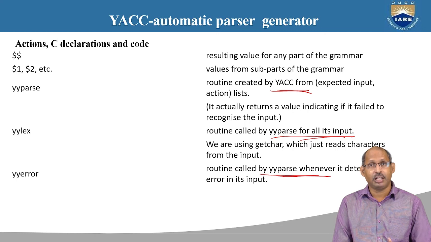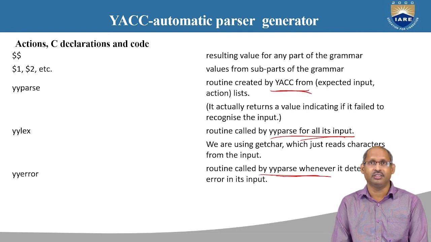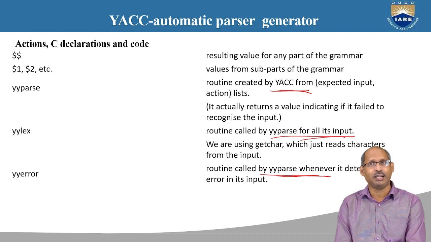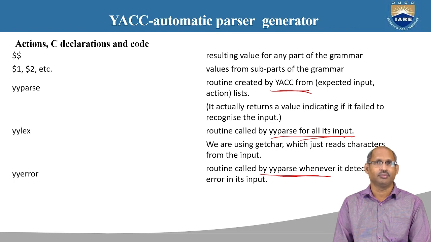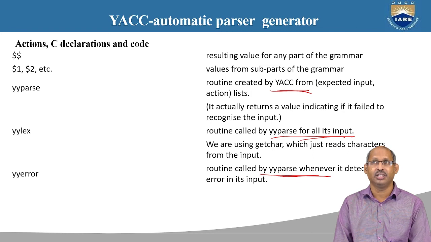The input file has three sections: declarations, rule section, supporting functions section. These are the divisions of the input file for yacc, the automatic parser generator, which results in a bottom up parser generator. This parser will take a sequence of input tokens and generate the parse trees or syntax trees.